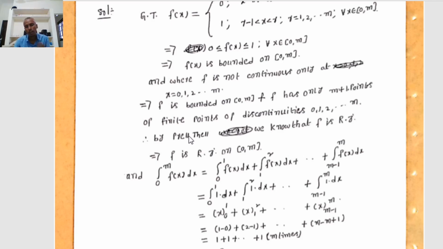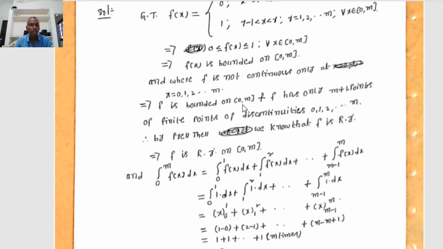By the previous theorem, we already know that if f is bounded on the closed interval [a, b] and f has a finite number of discontinuity points on the closed interval [a, b], then f is Riemann integrable.